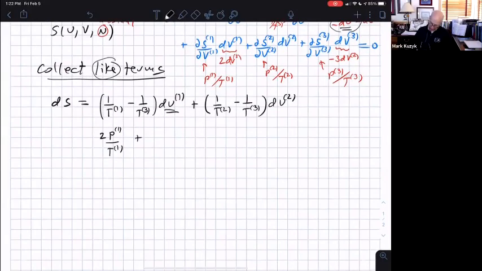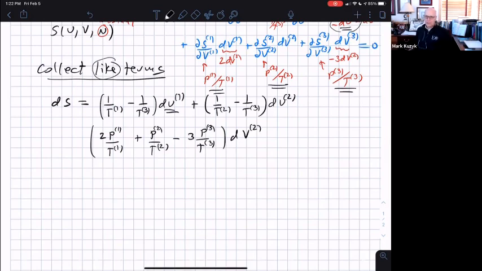Then we're going to get plus pressure 2 over temperature 2 from the second term here. So we did the first term already. And then this final term is going to be minus 3 pressure 3 over temperature 3, all times dV2. Okay? So before I go on, since this is so complicated, I wanted to make sure you all agree. Does that look right?